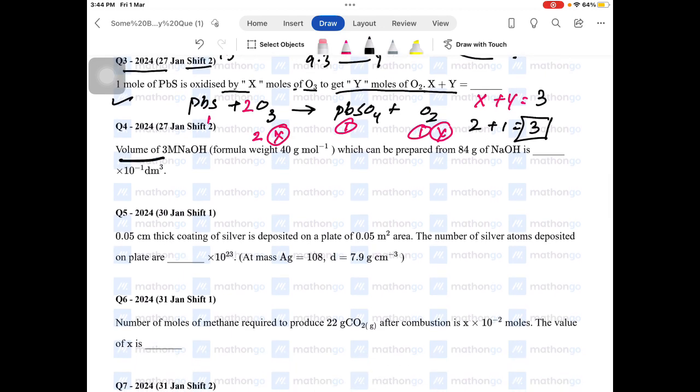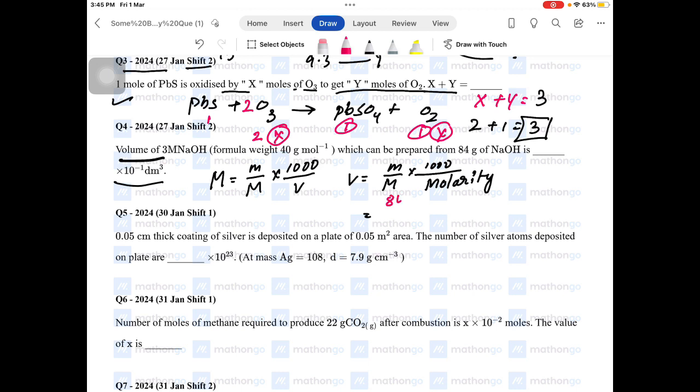Next, volume of 3 molar NaOH which can be prepared from 84 grams of NaOH is dash into 10 to the power of minus 1 decimeter cubed. Now take the molarity formula. Molarity is equal to mass by molar mass into 1000 by V. Now separate the V term: V is equal to mass by molar mass into 1000 by molarity. Now mass given is 84 grams of NaOH, molar mass 40, into 1000 by molarity 3.